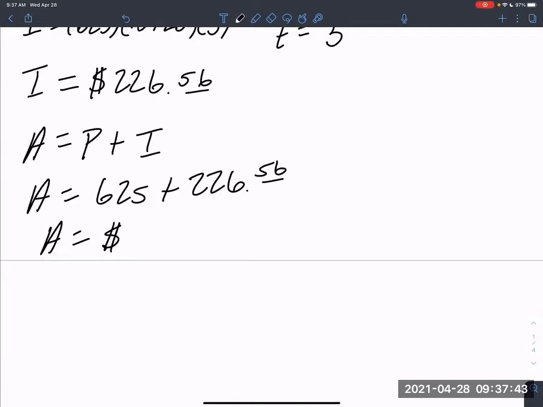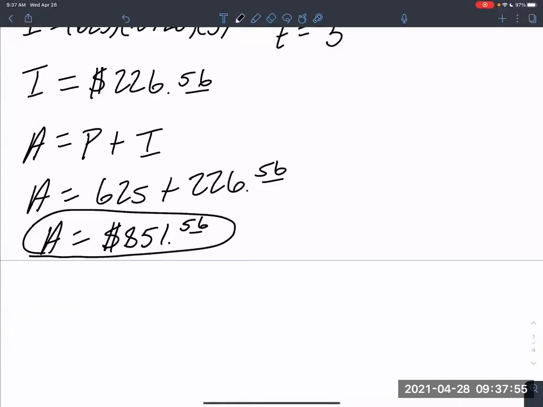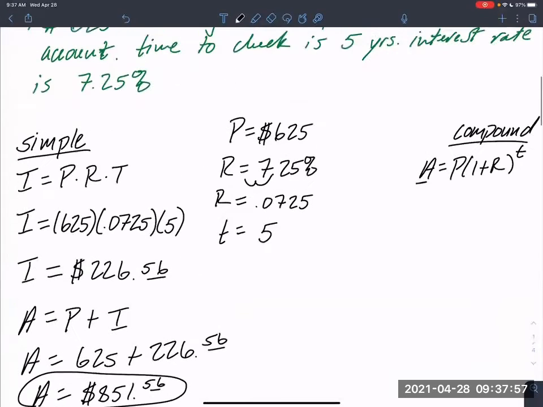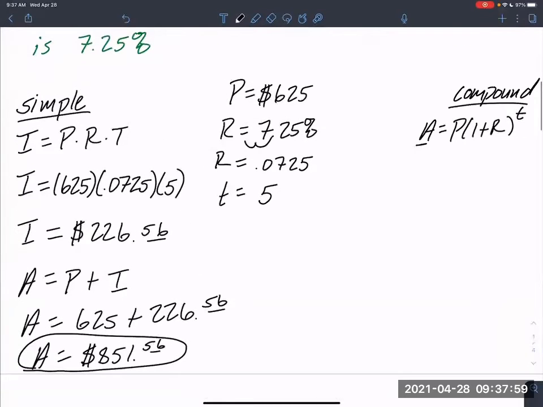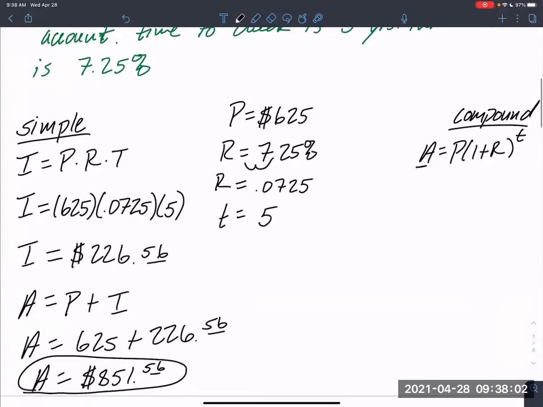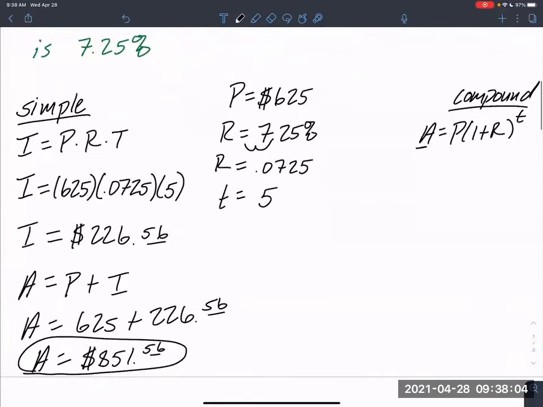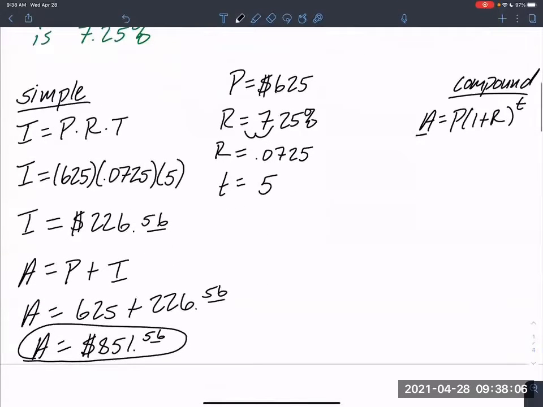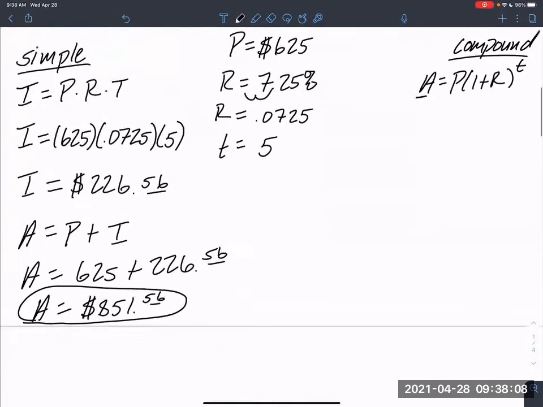There we go. 851 and 56 cents. Okay. All right. So that's how much money you would have if you left it in a simple interest account for 5 years. All right. And that's to say the AirPods would not be worth that much after 5 years.